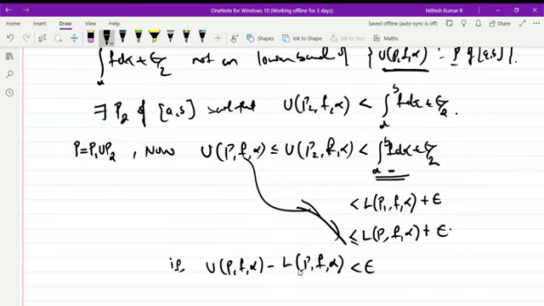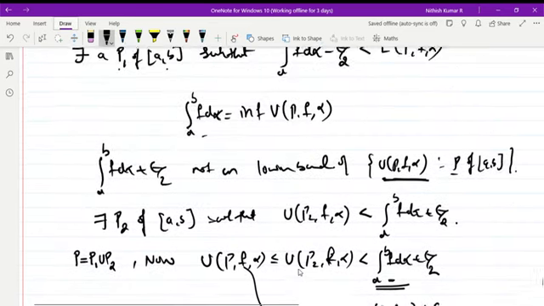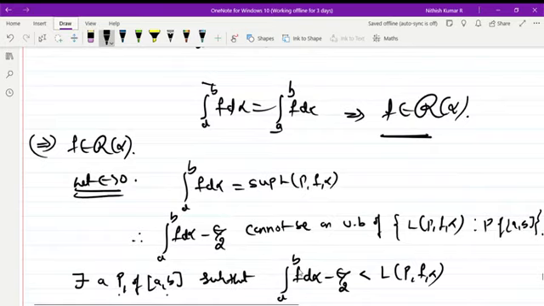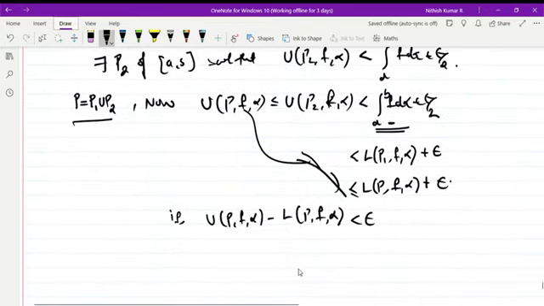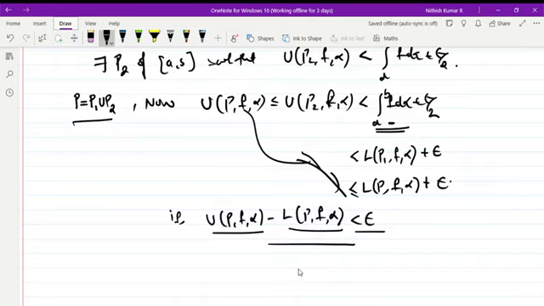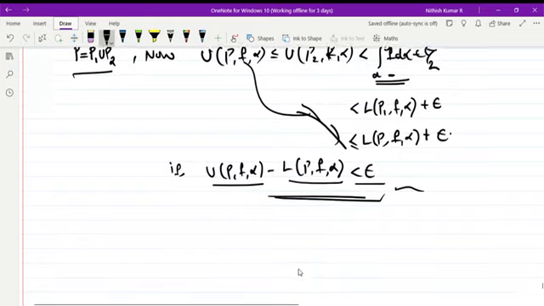Their difference is less than epsilon. Since this holds for every epsilon greater than 0, there exists a partition P of the closed interval [a, b] such that U(P, f, alpha) minus L(P, f, alpha) is less than epsilon. Hence the result.